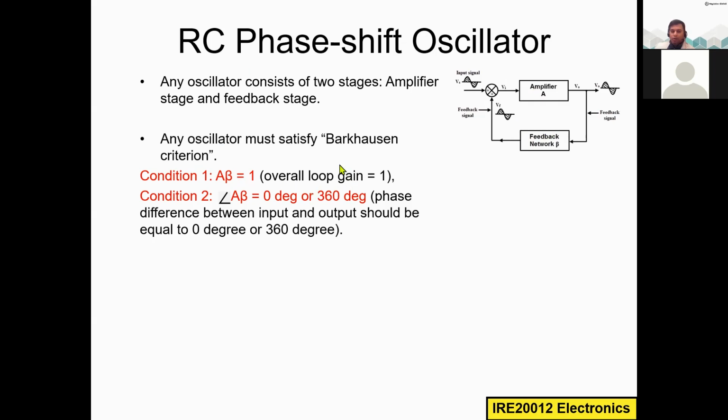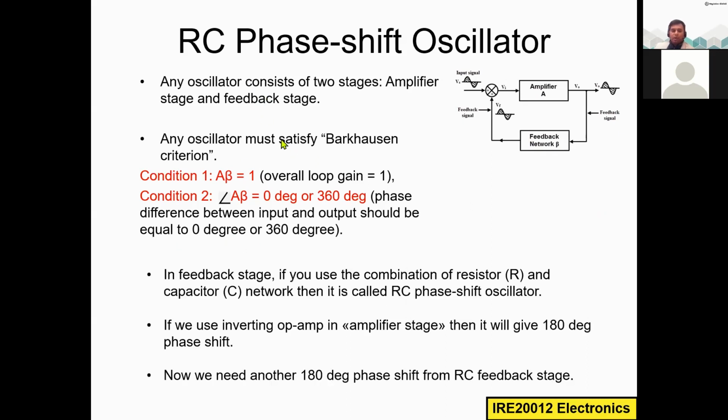It means the overall loop gain must be 1. Condition 2 is that the phase angle between input and output must be 0 degree or 360 degree. The phase difference between input and output should be equal to 0 degree or 360 degree. We know that. Now what is special about the RC phase shift oscillator?